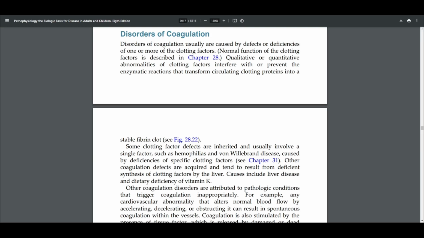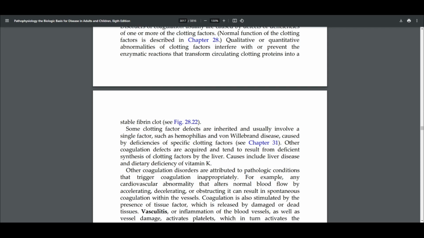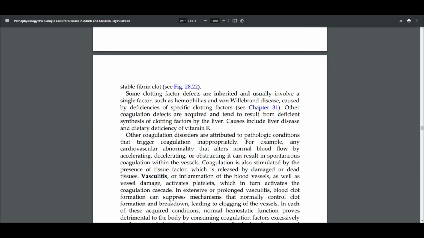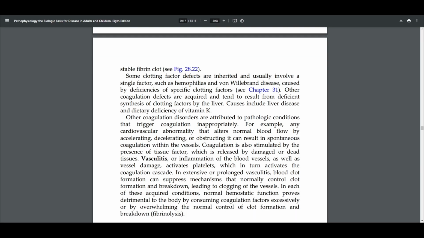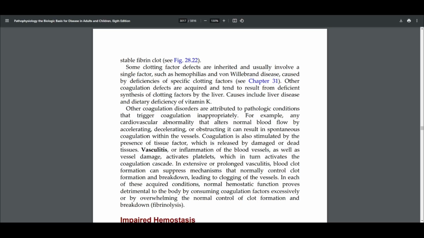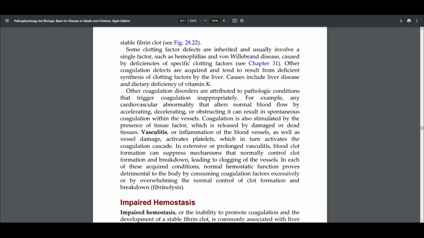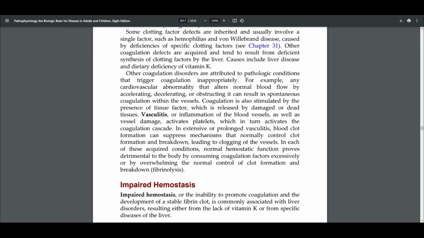Some clotting factor defects are inherited and usually involve a single factor, such as hemophilias and von Willebrand disease, caused by deficiencies of specific clotting factors. Other coagulation defects are acquired and tend to result from deficient synthesis of clotting factors by the liver. Causes include liver disease and dietary deficiency of vitamin K.